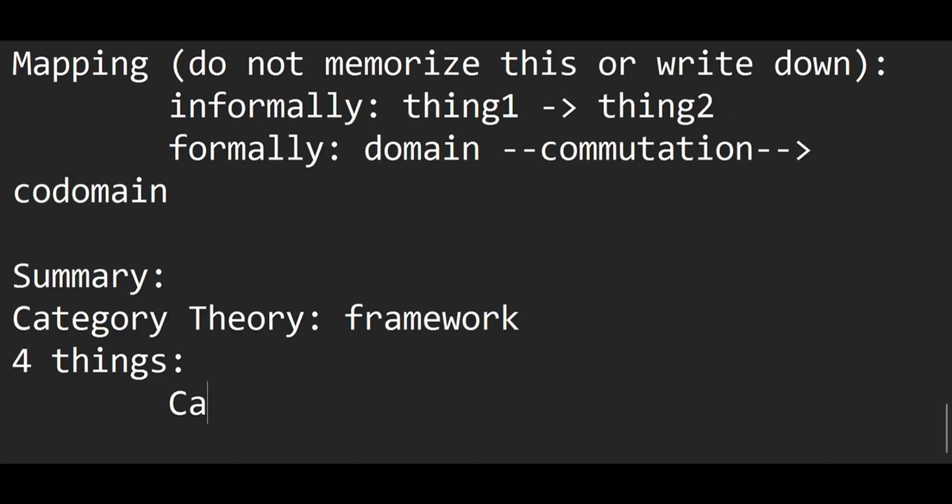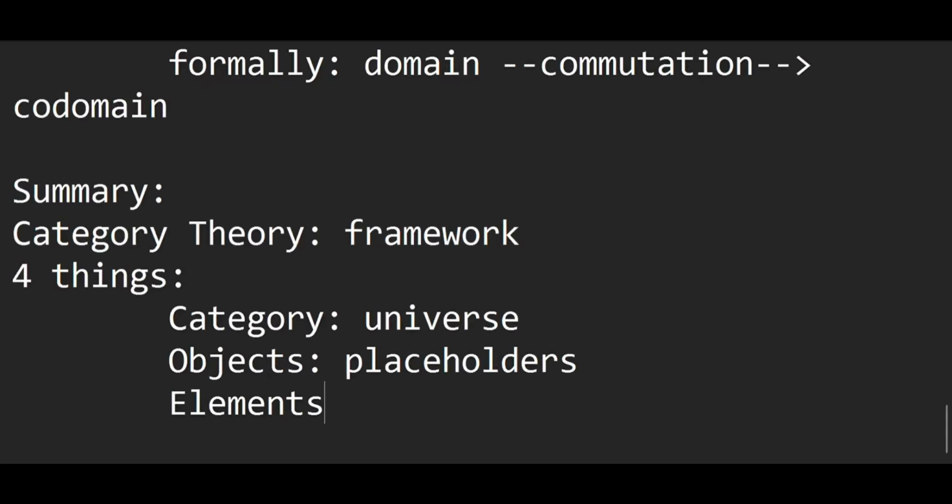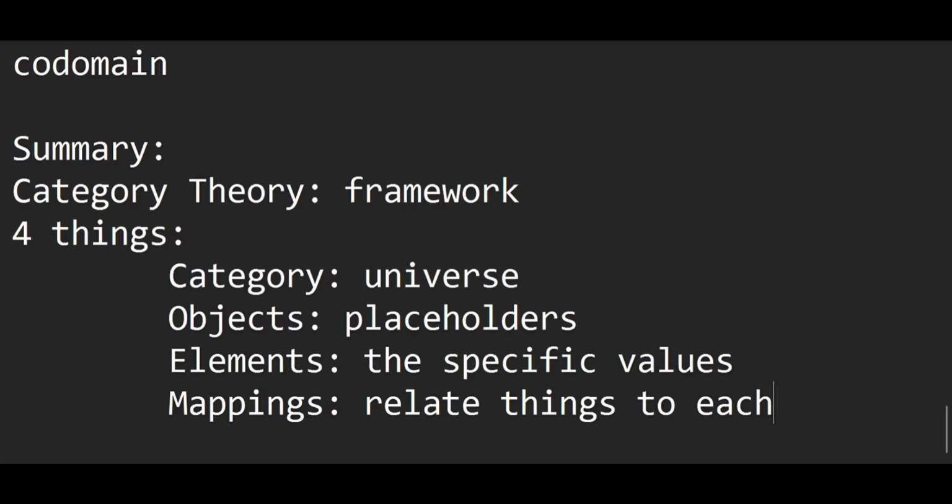Those things being a category, which is like a universe, and it houses objects. We have objects, which are like placeholders, which house elements. We have elements, which are the specific values. And then we have mappings, which relate things to each other.